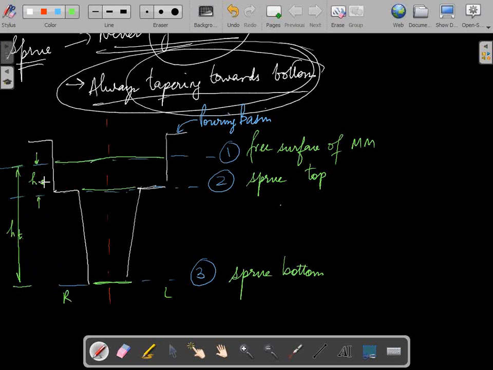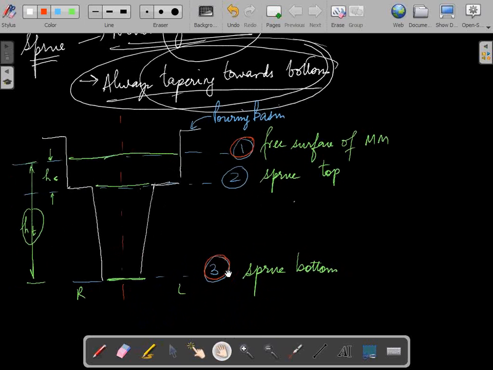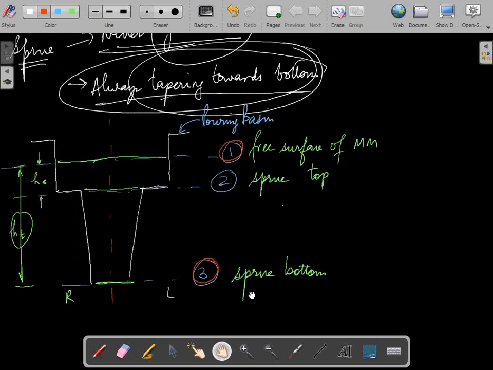This is the cup height, and this is the total height. Now let us apply Bernoulli's theorem between section 1 and section 3. Let me move on to another page. Just remember this. Let me copy it on the next page.